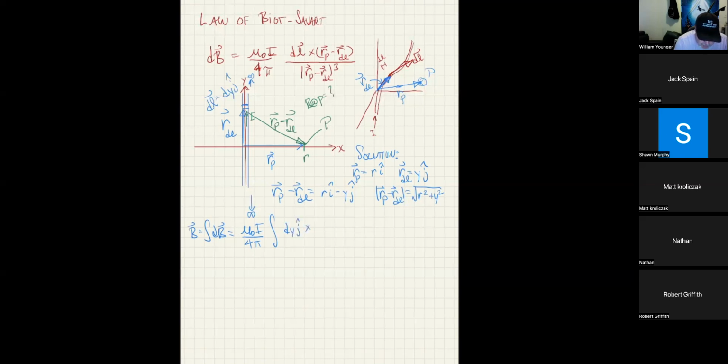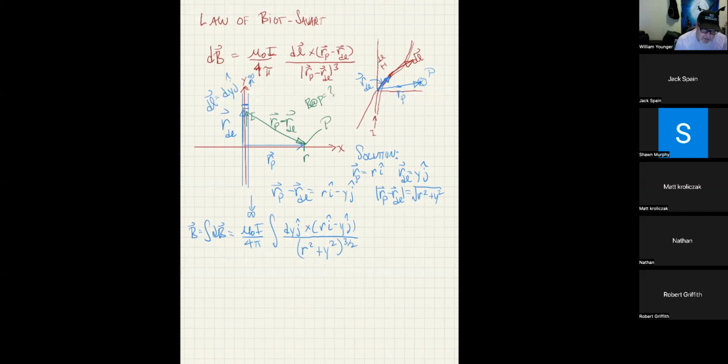We're going to cross that with r I hat minus y j hat. And then we're going to divide that by the cube of the magnitude of RP minus RDL. So that's going to be R squared plus Y squared to the 3/2 power in the bottom.